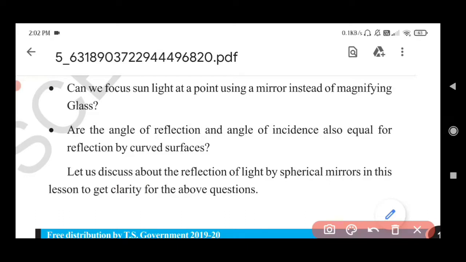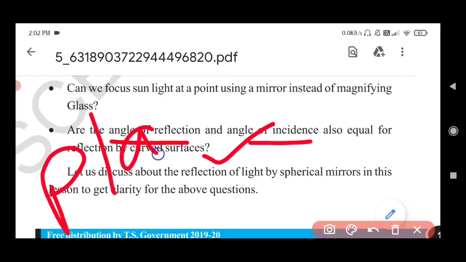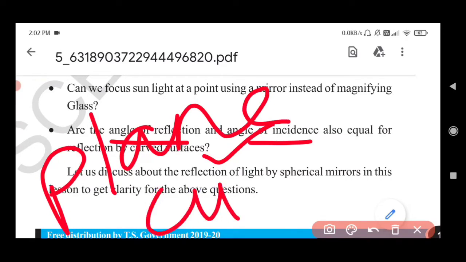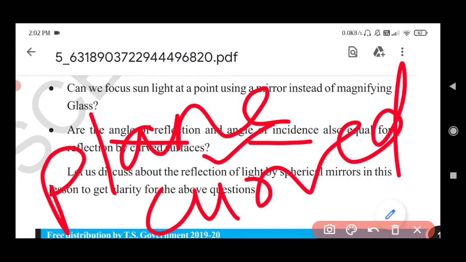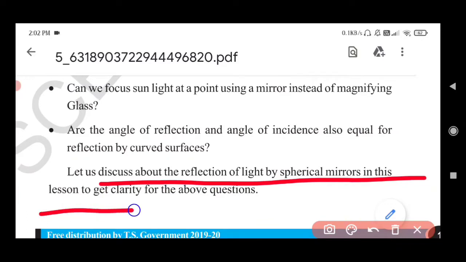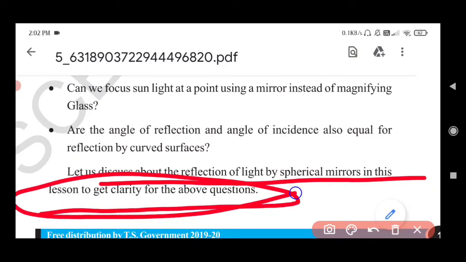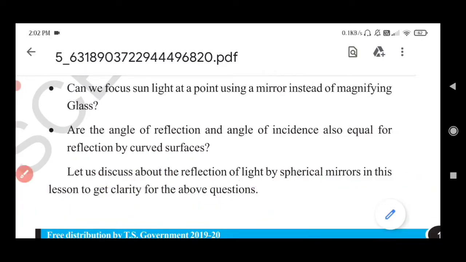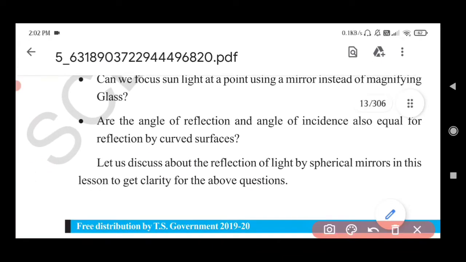So yes, they are equal. Angle of reflection and angle of incidence are always equal, whether it is a plane mirror or a curved mirror, in the sense concave and convex mirrors. Okay, let us discuss the reflection of light by spherical mirrors in this lesson to get clarified on the above questions. So these questions you can answer after you have completed the chapter.